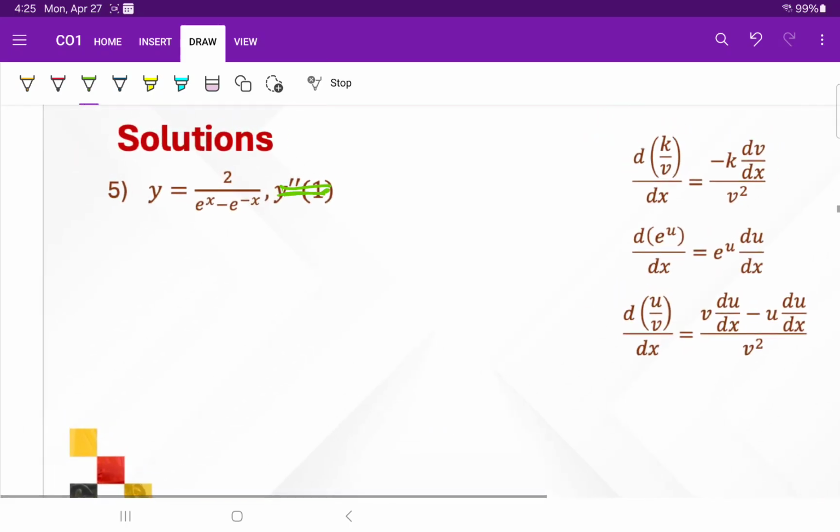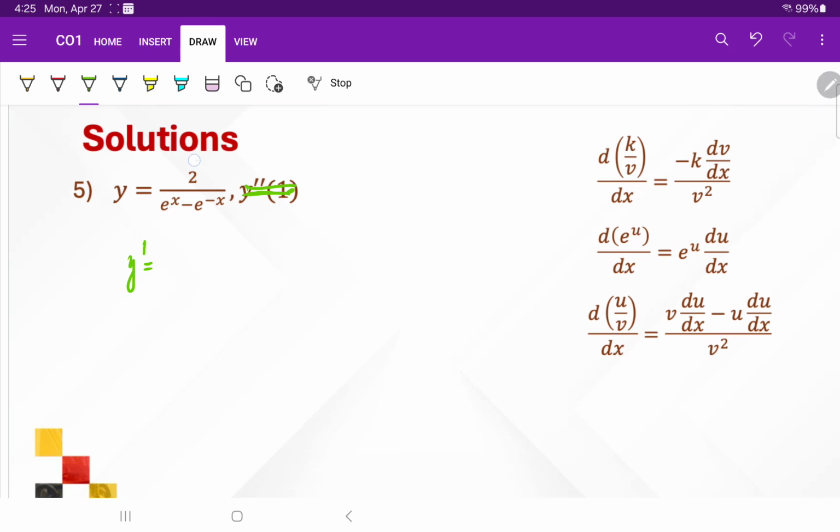we have this one. Again, what is your y prime? So we have to use here what? This is the first part, because you have here a constant. Take note, this is a constant over this denominator. So we have to use this one. That's the first formula: the derivative of a constant over v.